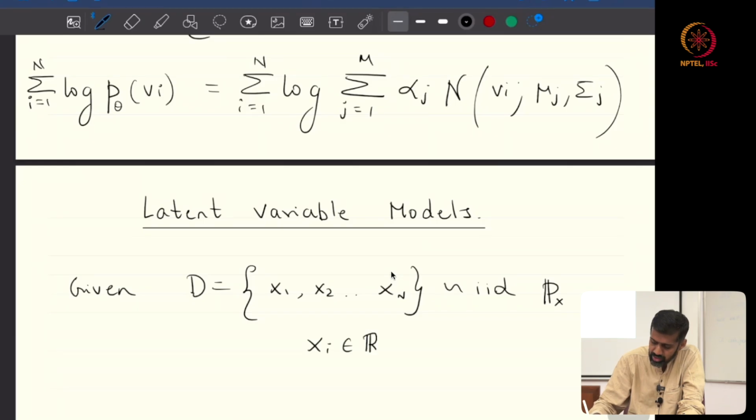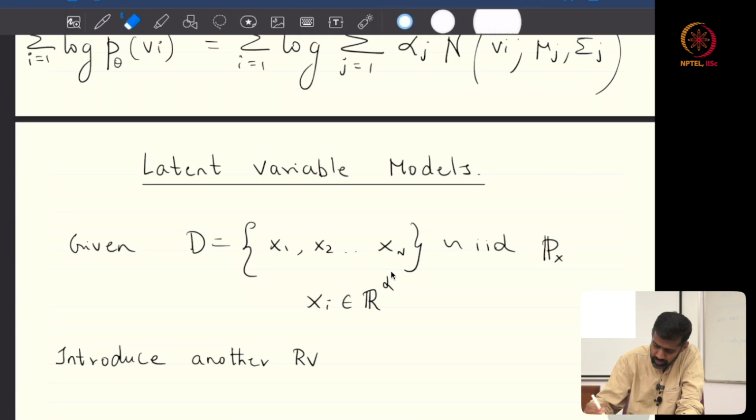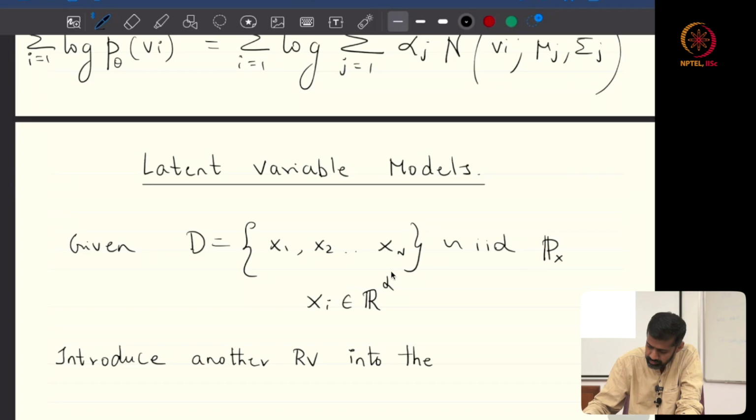This is what we saw. What I do is I introduce an additional random variable into the system that is unobserved.